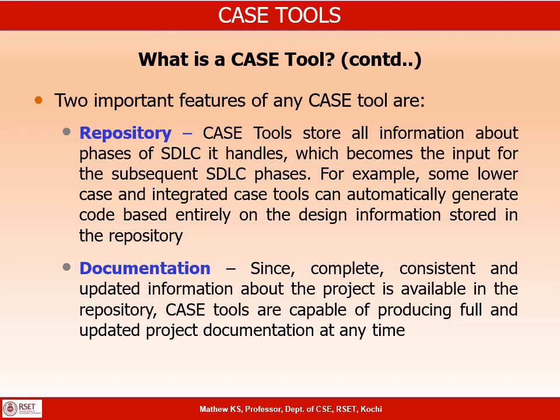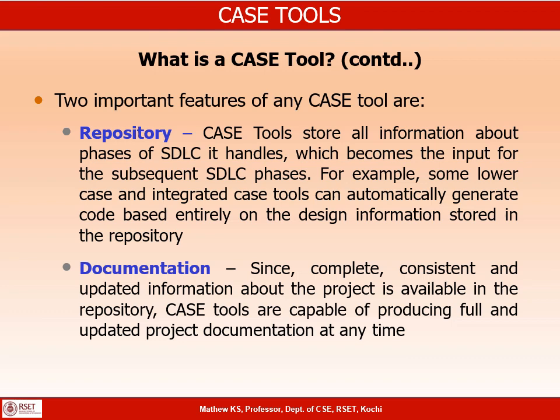For example, it generates the models and stores them in the repository, which can be used as the input for code generation. Some upper CASE and integrated CASE tools can automatically generate code based entirely on the design information stored in the repository. Say you have two tools, one for code generation and one for modeling, which are not integrated.